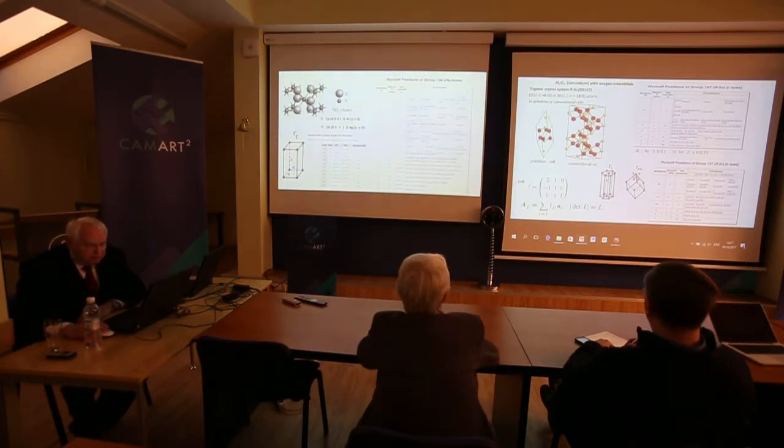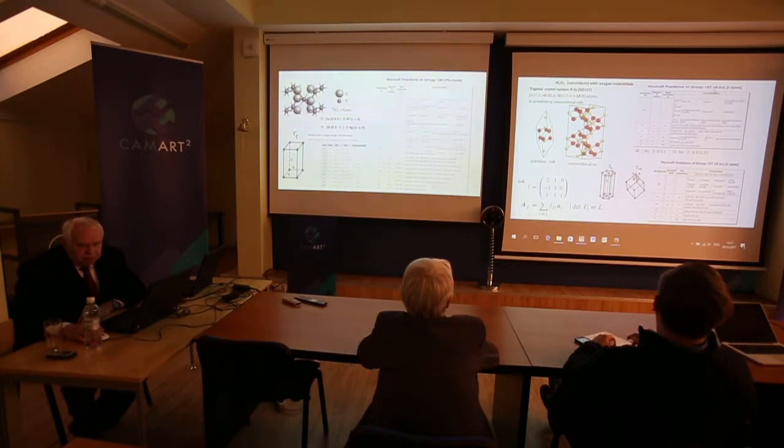This is the primitive unit cell, 4 aluminium atoms and 6 oxygen atoms. And they occupy 4C. This is rhombohedral. It's not necessary to divide by anything. 4C, it is C in 4C.